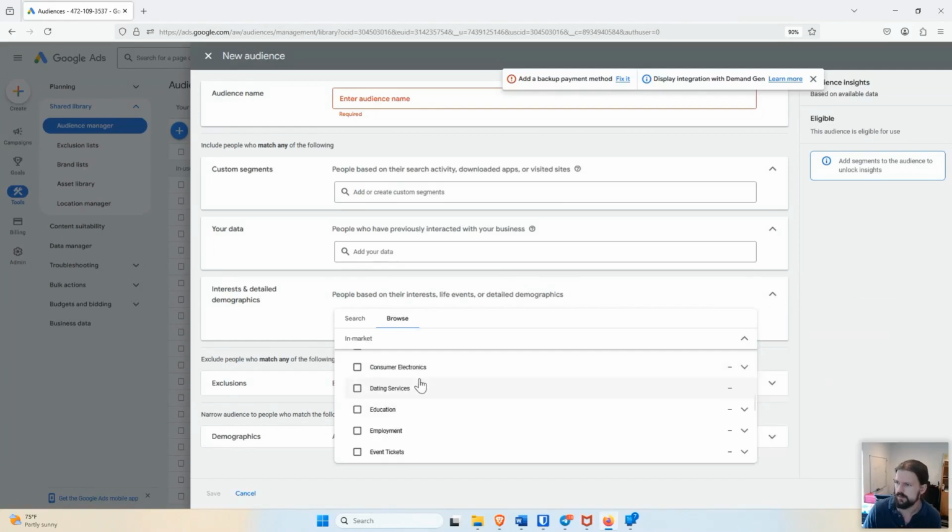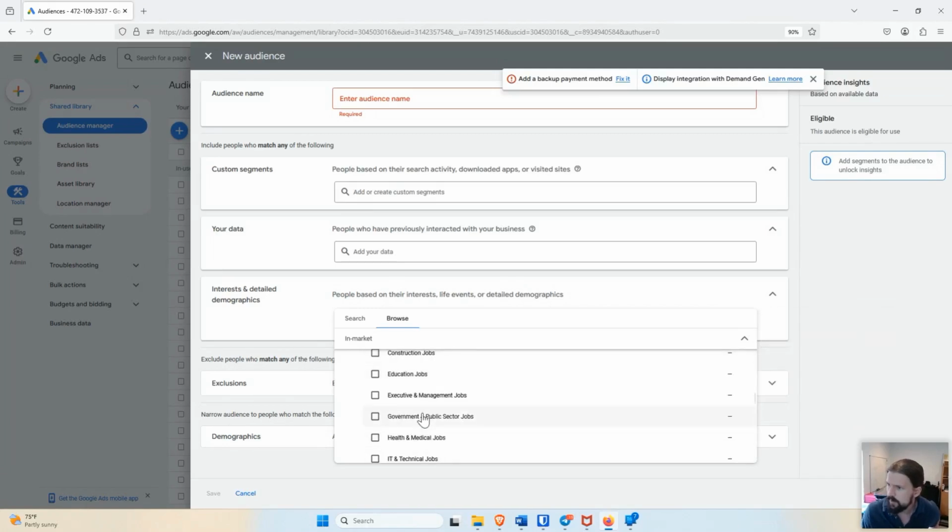And there's also electronics, dating services, education, employment. So people that are looking for a job, and you can get into what kind of job. So if you happen to be a recruiter, for example, and you're looking to get finance talent, then you can find people that are already looking for an accounting and finance job. You can find people that are already looking for career consulting services, right?